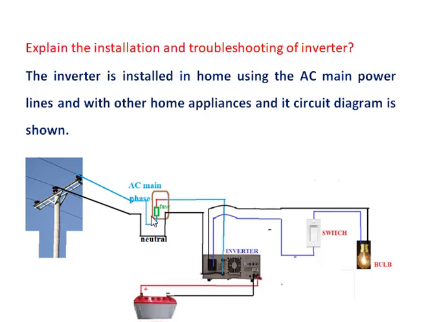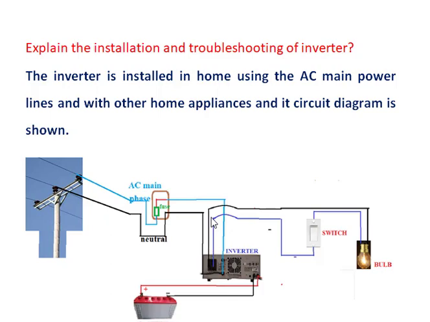This 220 volts is given to the inverter circuit. Here the 220 volts AC is stepped down and then rectified. It is converted to 12 volt and the 12 volt DC is supplied to the battery to charge.